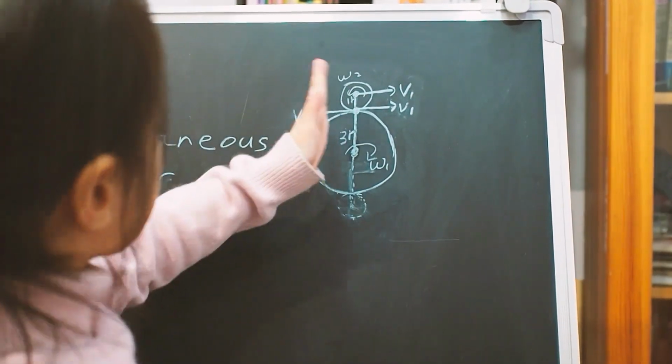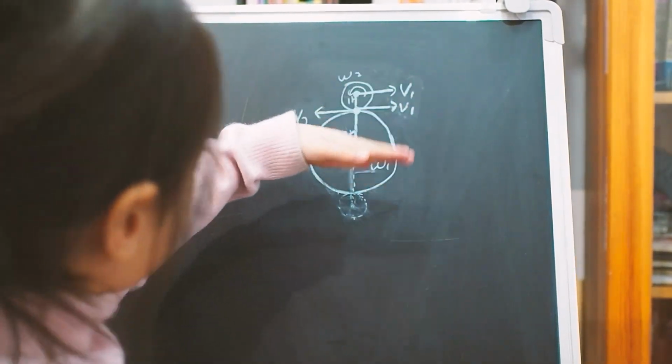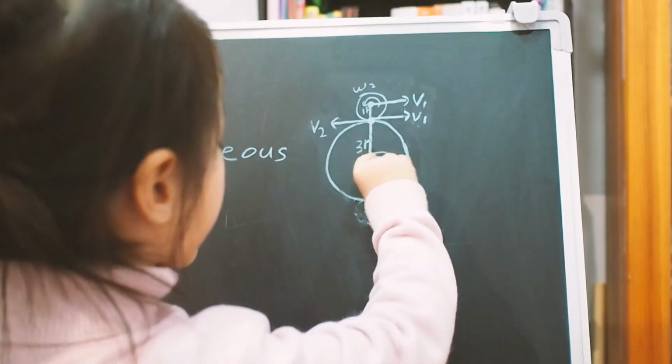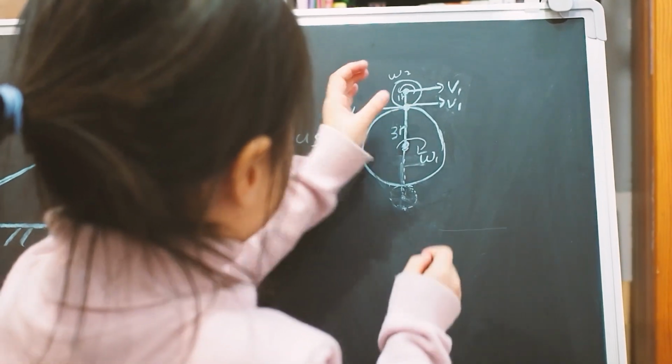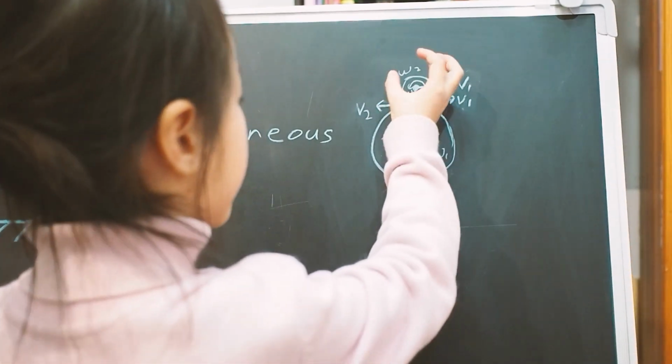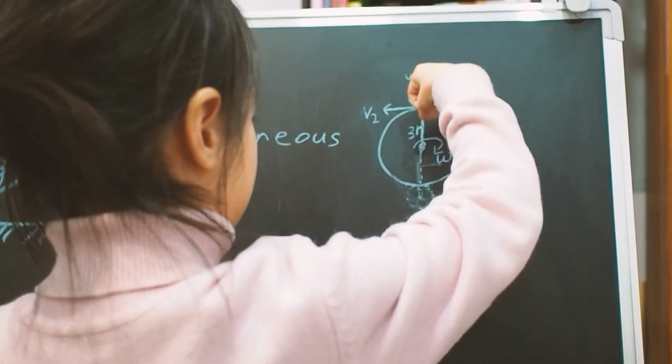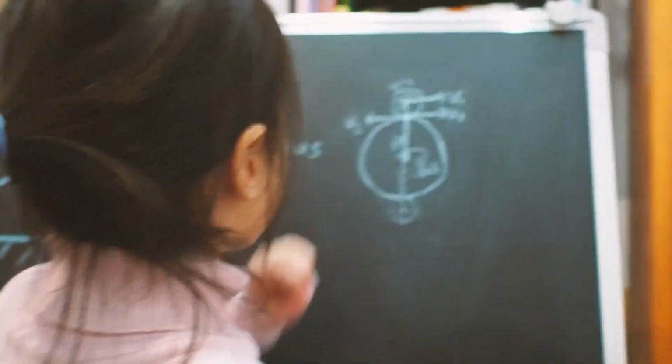Because this stick is rotating, the stick has omega 1. And because the stick is rotating, the coin is rotating like this, so it will have omega 2.